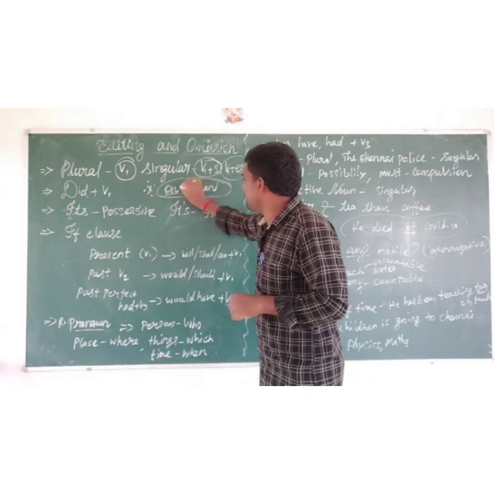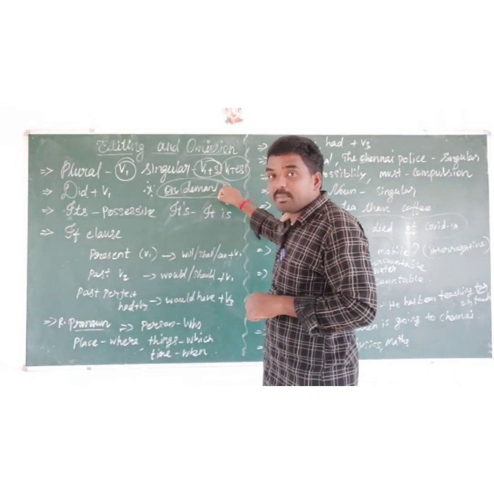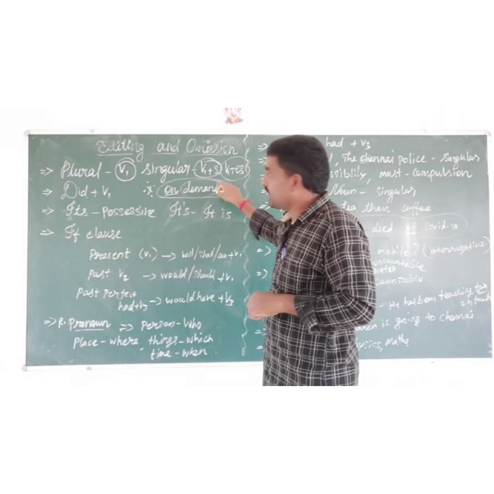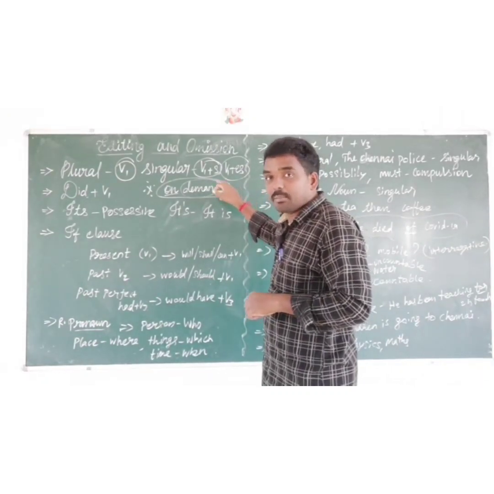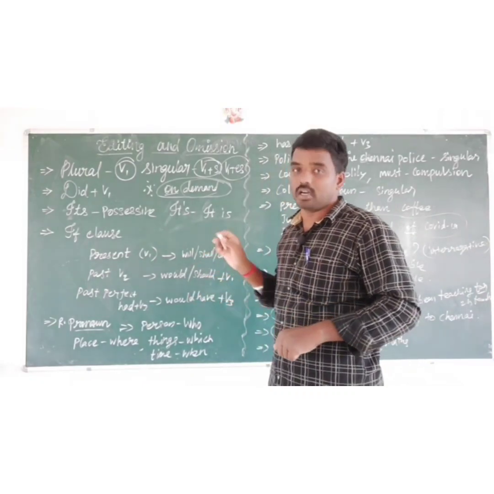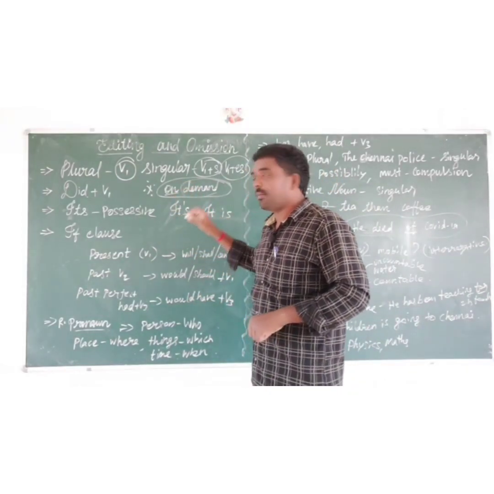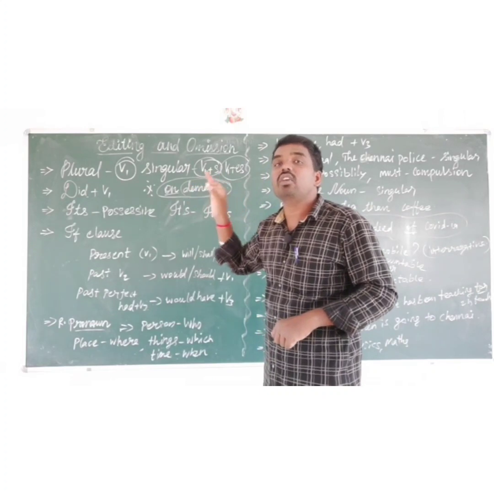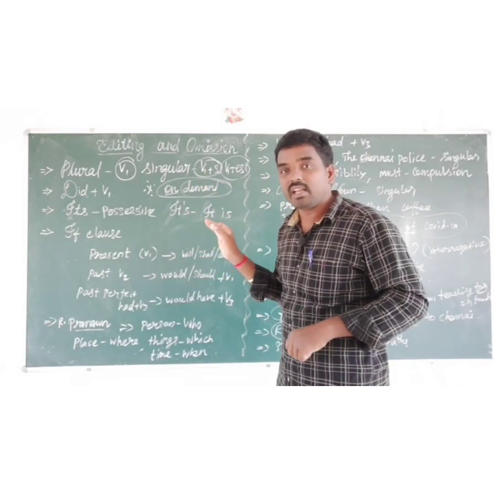Next, the word demand. Look here, demand, D-E-M-A-N-D. If you find the word demand, before that we can use only one preposition, on, O-N. Before demand, we can use on.